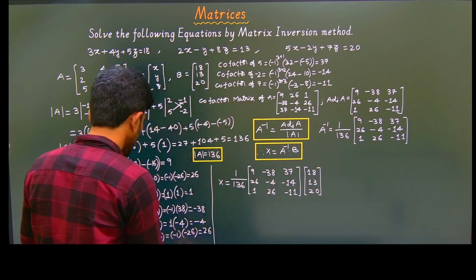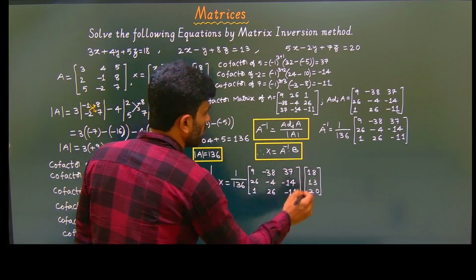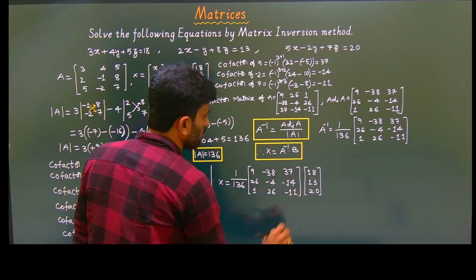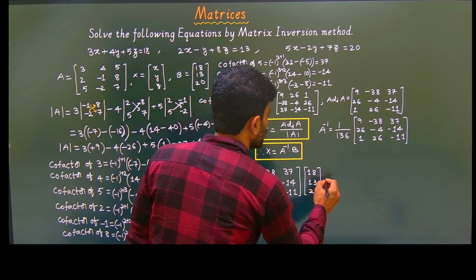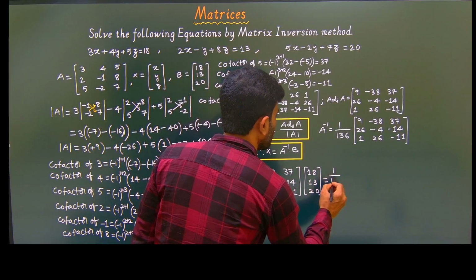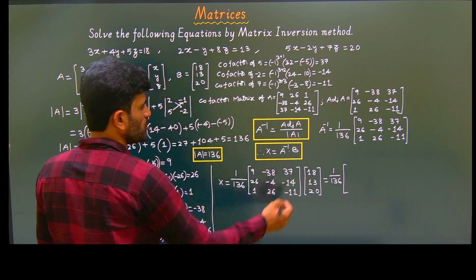Now we have to multiply here. Hope everybody knows how to multiply the matrices. 9 should be multiplied by 18, 38 by 13, 37 by 20. 1 by 136 is common for every element, so it should be multiplied to every element.